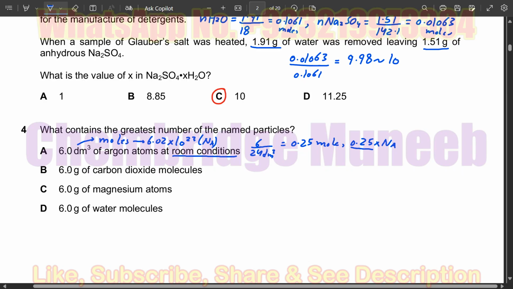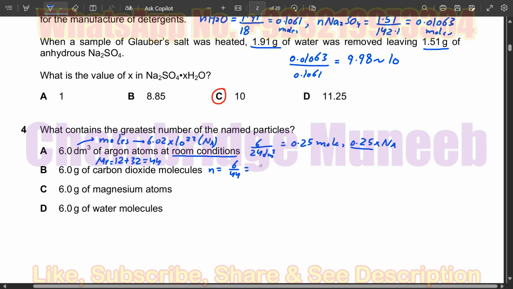So now next, 6 gram of carbon dioxide molecules. First we have to convert into moles, and for this purpose I need the molar mass. Carbon dioxide is 12 plus 32, which is equal to 44. So moles will become 6 divided by 44.